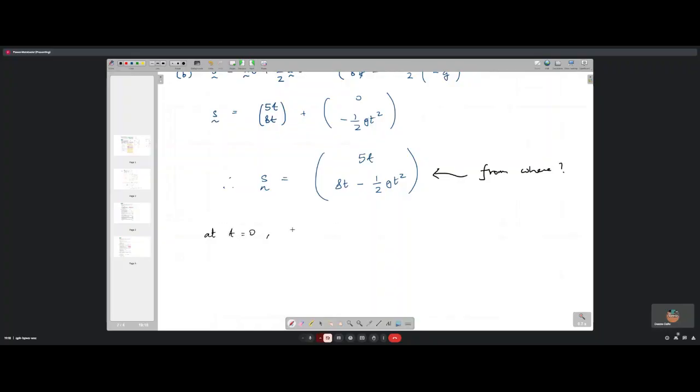So at time equal to 0, we know the starting position has to be 0, 20, which is the coordinates of A. So let's verify that's what happens. If you look at S and substitute time equal to 0, let's see what the starting position would be. It would be 0, 0. So that can't be correct, right? So we need to correct it.